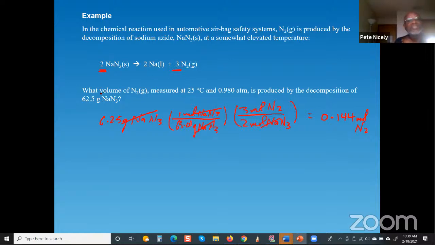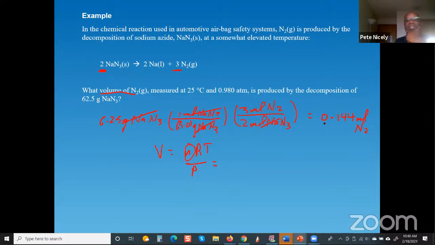So this gives us the moles of nitrogen, but the question is not asking for the moles. The question is asking for the volume. So how do we get the volume? We use the ideal gas equation. And if you rearrange it to get the volume, that would be equal to nRT divided by P. So we put the numbers in.